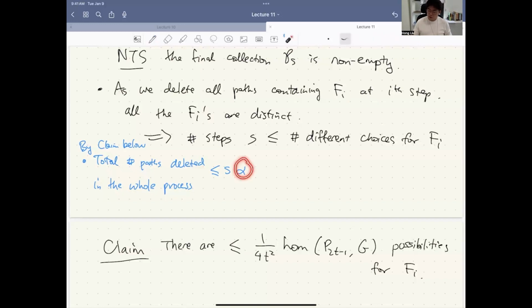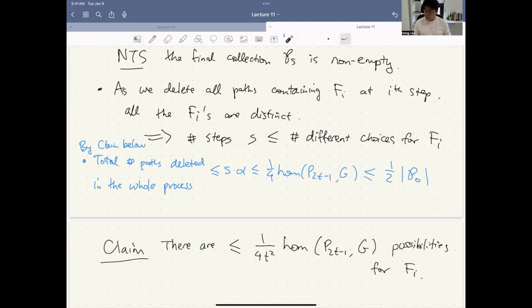Remember, alpha is t squared. And the number of steps is at most the number of choices for Fi, which by the claim is this. So it's at most t squared times this number, which is 1/4 the number of homomorphisms of P_{2t minus 1} in G. Okay, which is less than half of P0.